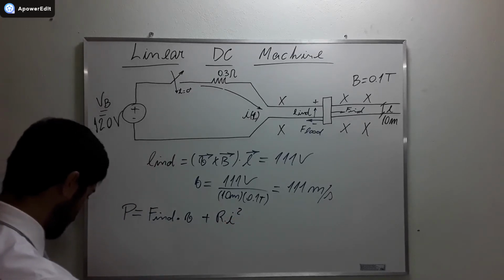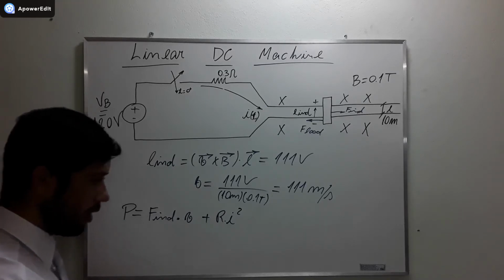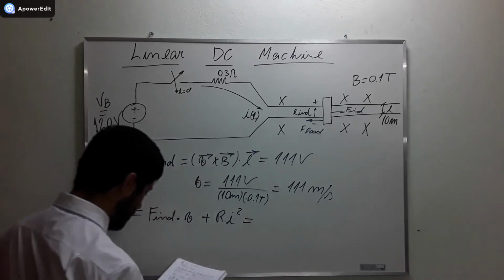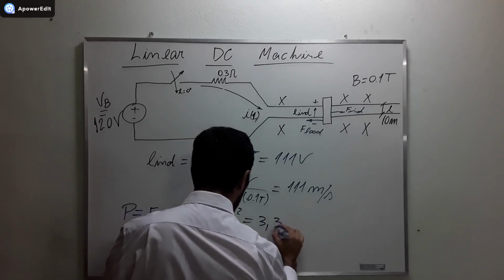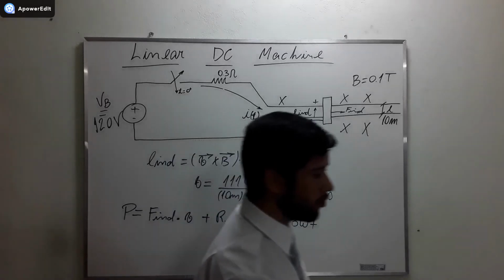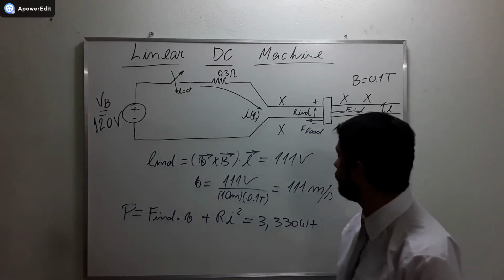Okay? Do you guys get me? Okay, so let me use my calculator. I think that this is going to be equal to 3,330 watts plus, I'm gonna have to use my calculator here. You guys please help me with this.